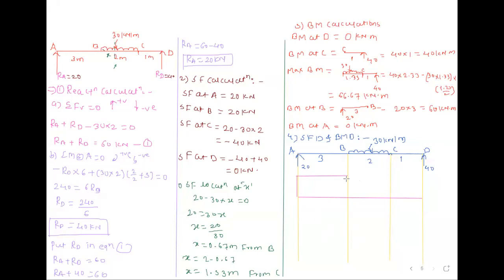Minus 40. So it will go below the baseline. After that, there is no force in between C to D, so the diagram is constant. And at D, shear force is 0.